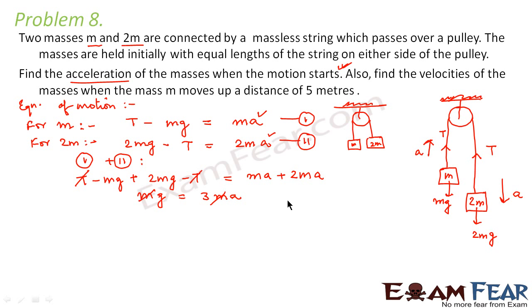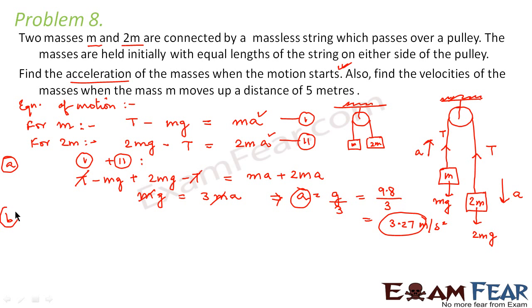So m gets cancelled and we get a is equal to g by 3. Now g by 3 comes out to be 9.8 divided by 3, which is equal to 3.27 meter per second square. So the acceleration of the masses would be 3.27 meter per second square when the motion starts. So the first part is done.